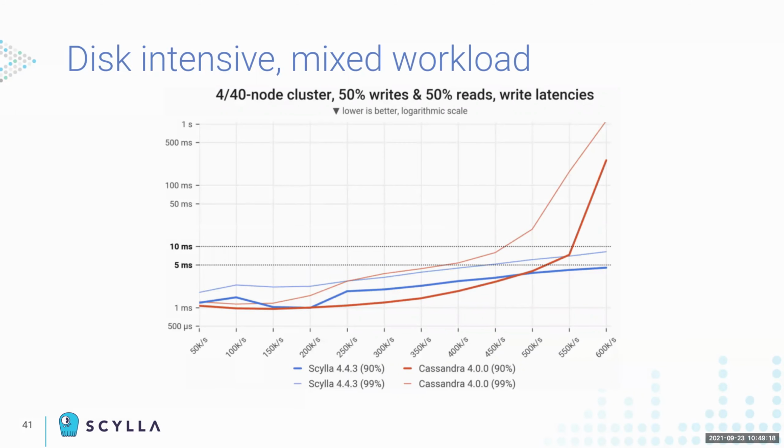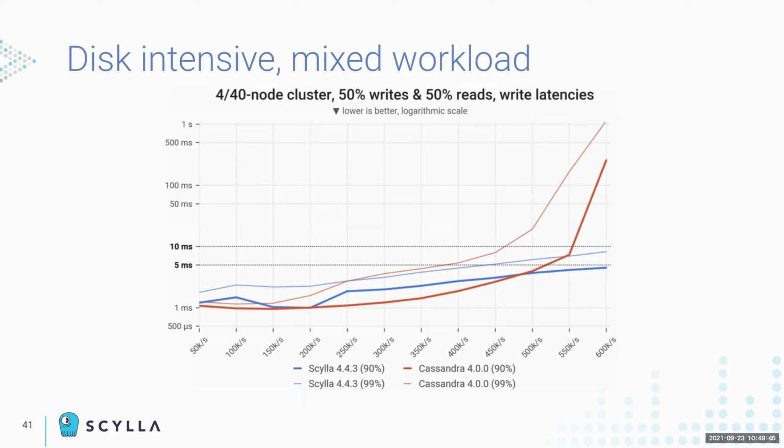So although Scylla is running on less expensive hardware, both databases can achieve the same maximal throughput. Both databases could achieve 600,000 operations per second. However, Scylla, especially at those later parts of the graph, could achieve better latency numbers.